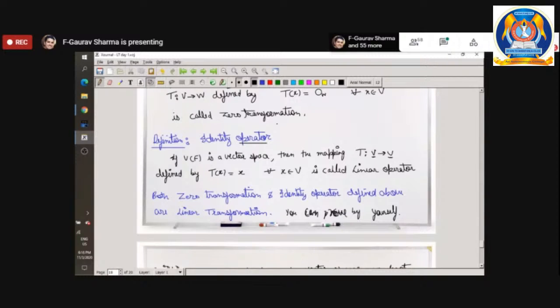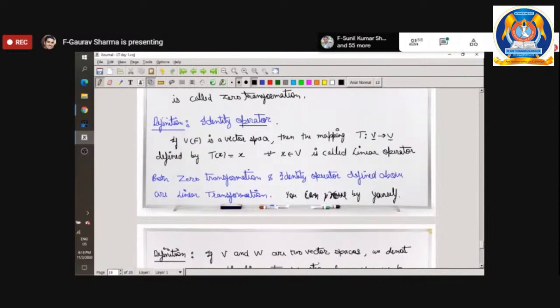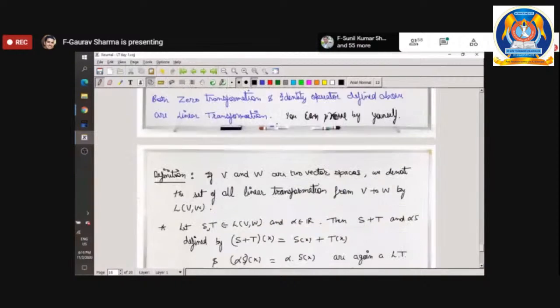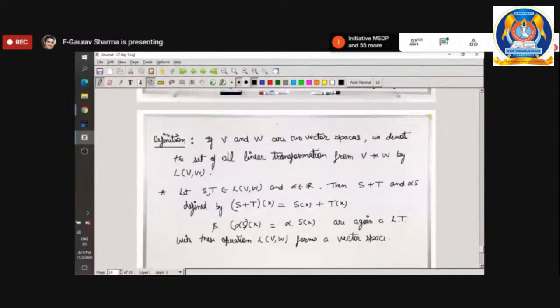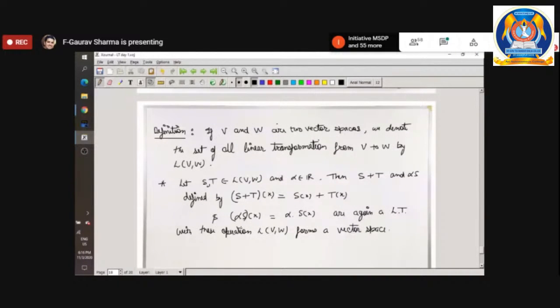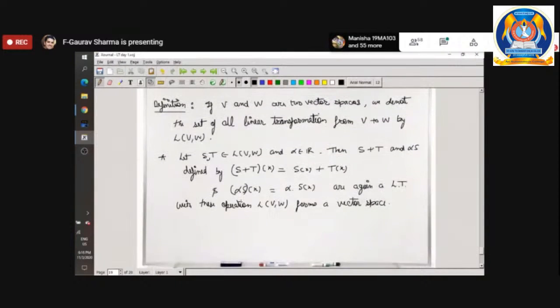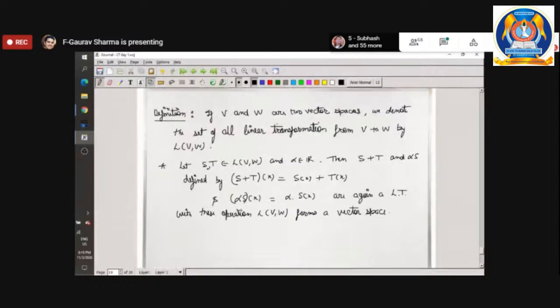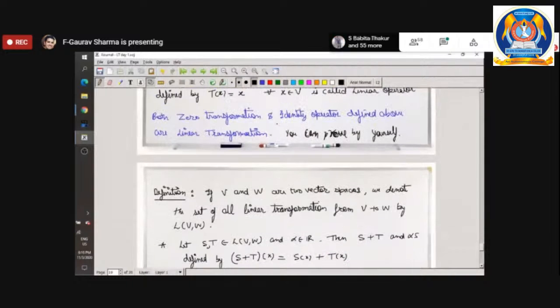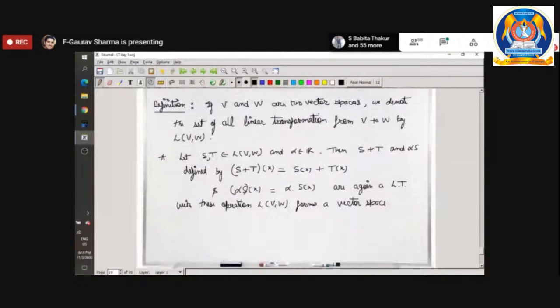And if the codomain is the real numbers or a field, then it's a functional. It is just another name to make it different from the linear transformation. Like the differential operator and integral operator, in which we define a map from a vector space to the same vector space, so we call them operators.